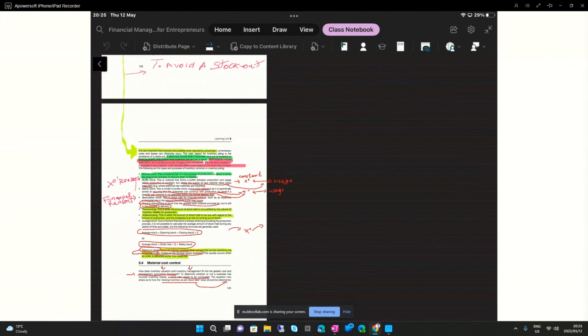Another reason for stock is speculation, and there is a reason why I highlight that part in the notes: speculation can push a business to anticipate or expect a shortage of raw materials, and therefore they stock up, but that stock is called speculative stock, right? Because they are predicting a shortage to come.